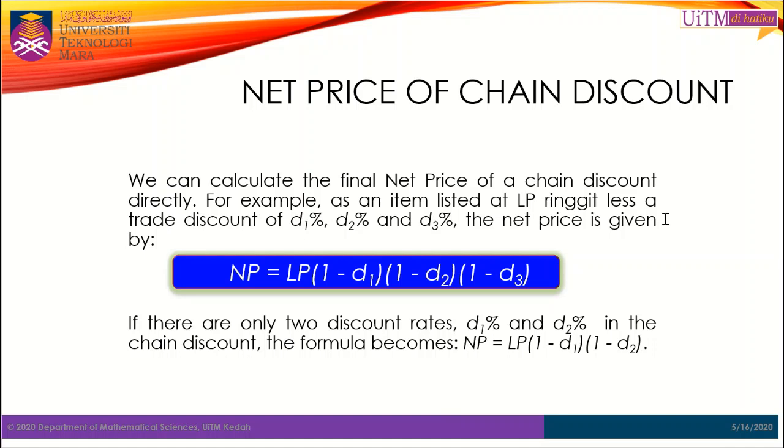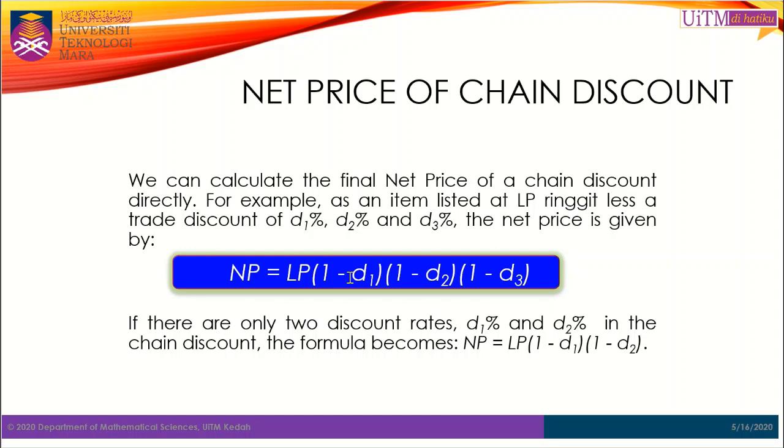In general, in order to find the net price of a chain discount, we can simply use the net price formula that we found earlier in the previous videos. Previously we only had one trade discount, so you had NP equals LP(1 - D) only.